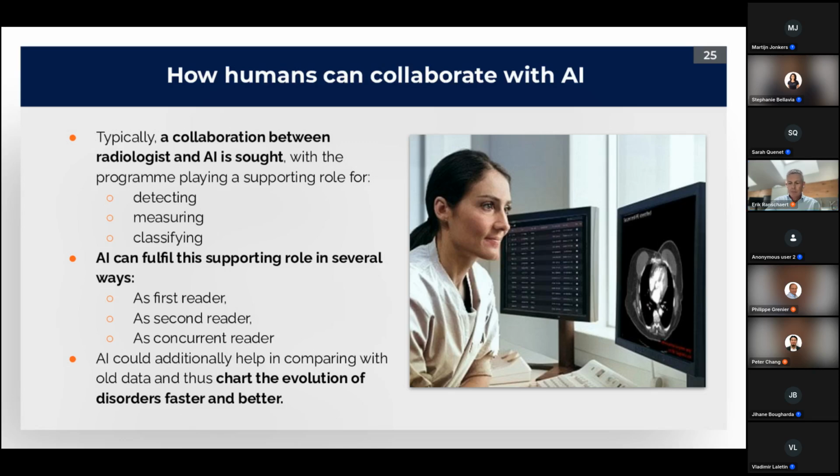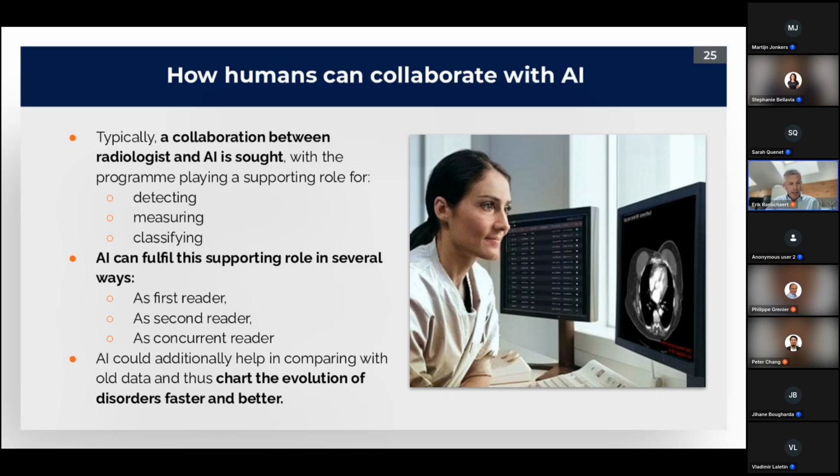Next. First of all, I have to say a few words about how humans can collaborate with AI. Typically, a collaboration is sought between the radiologist and the AI application. The program can play a supporting role for, as Peter already said, detection, measurement or classification of abnormalities.